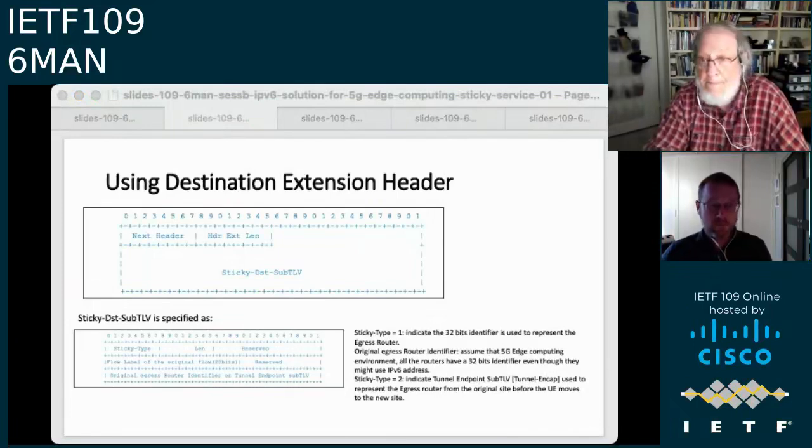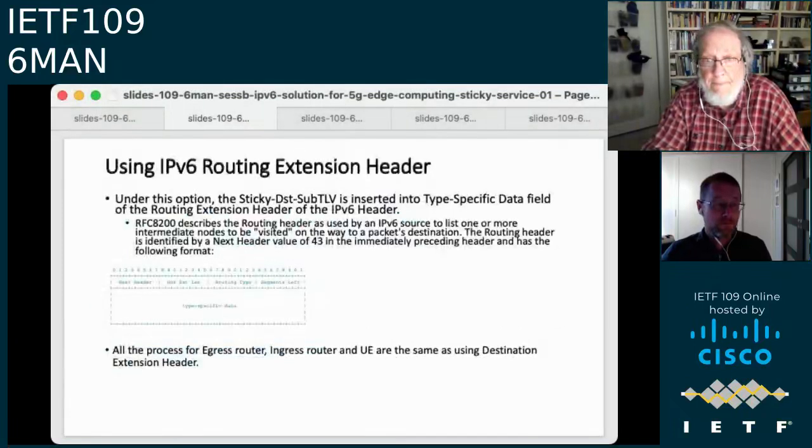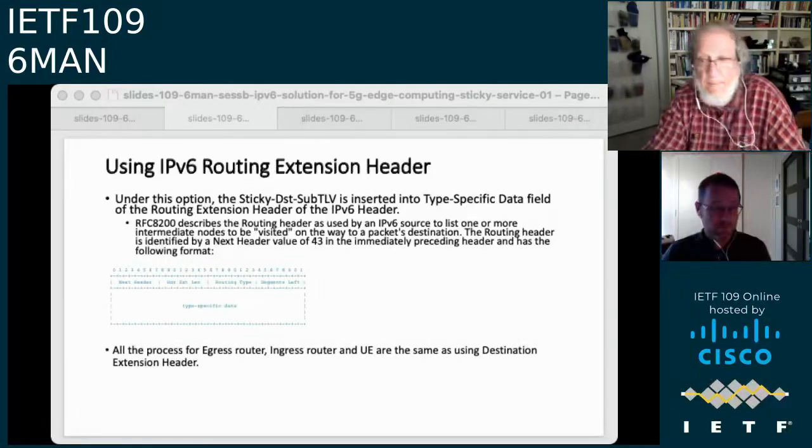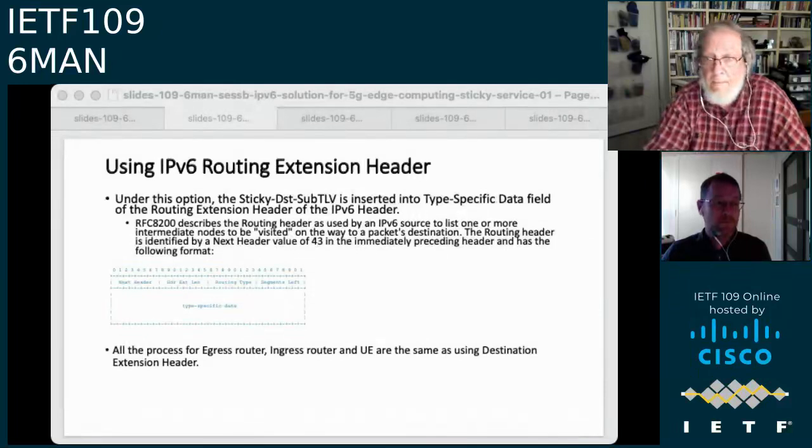Next page, please. Another option, so we hope to get some feedback from the experts here. There's also the IPv6 routing extension header. The definition of the routing extension header is to list the intermediate nodes to be visited on the way to the packet destination.